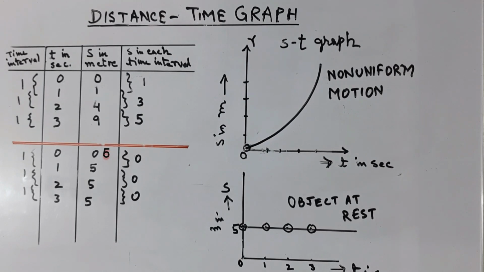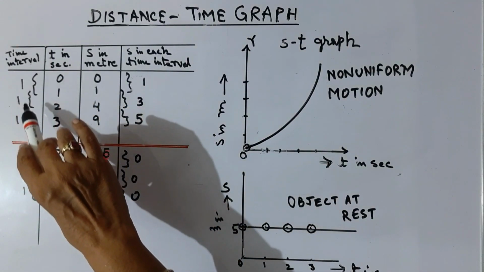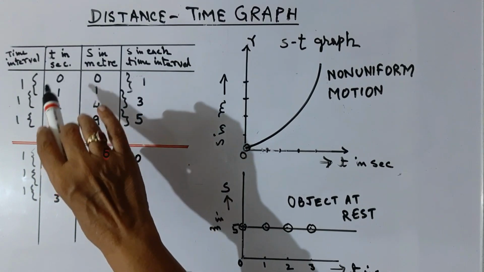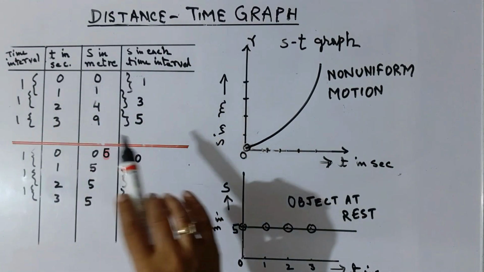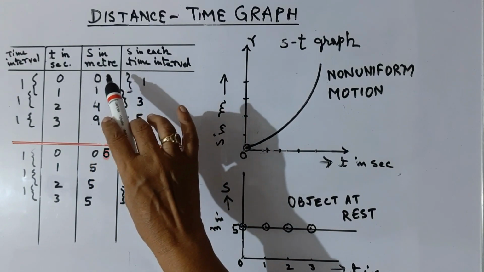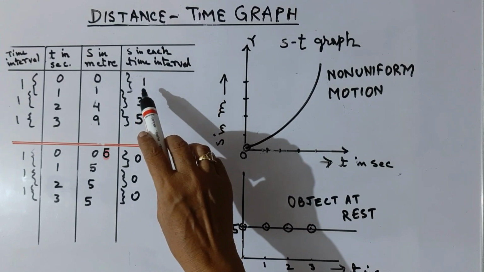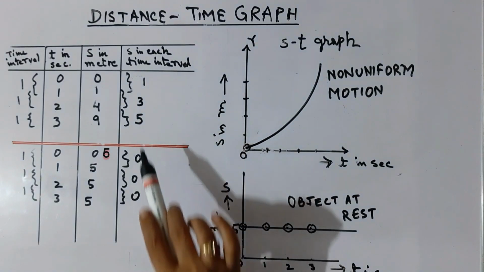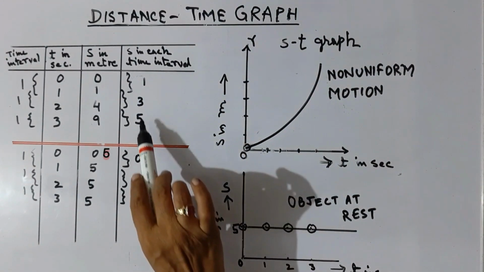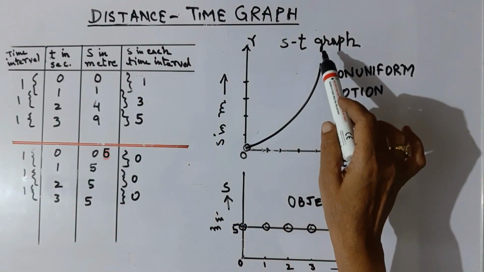Let us consider two more examples. In this case, again the time interval between each observation is 1 second, while the distance travelled in meters is varying in such a way that the distance travelled in each time interval is not the same. So this is the case of non-uniform motion, and the nature of the graph is somewhat like this.